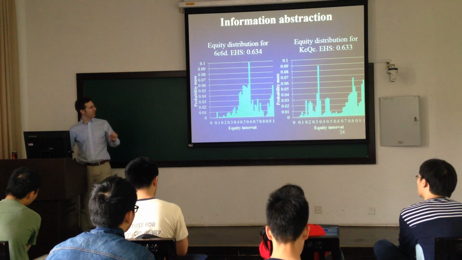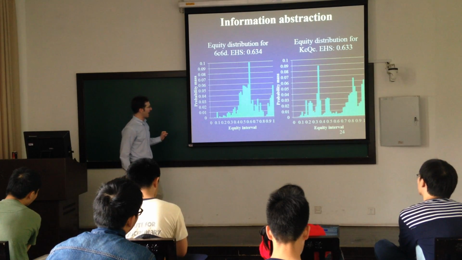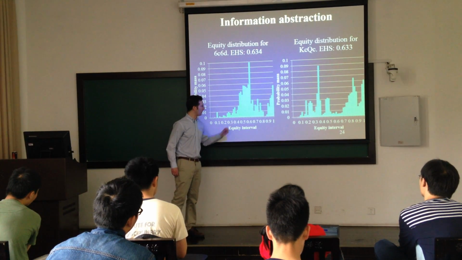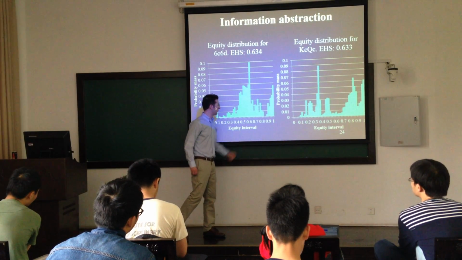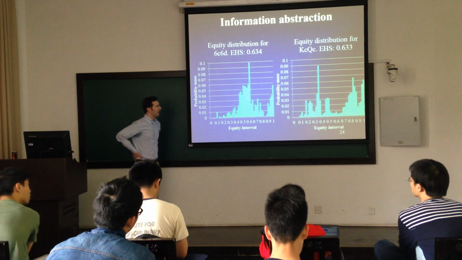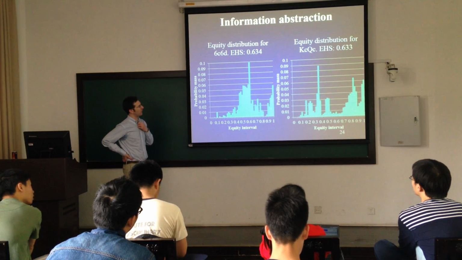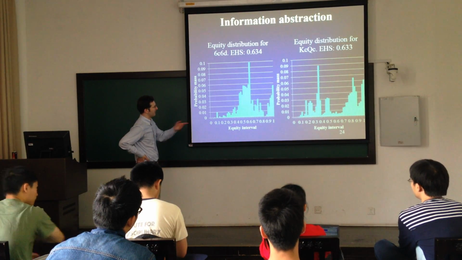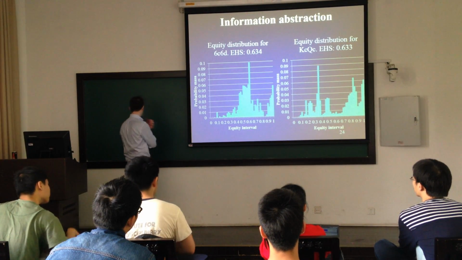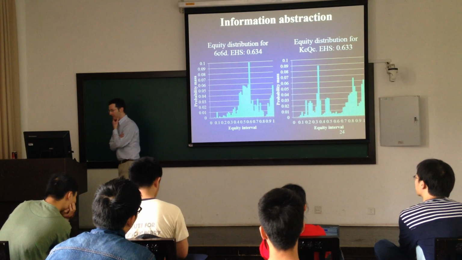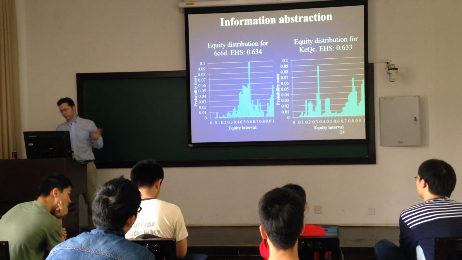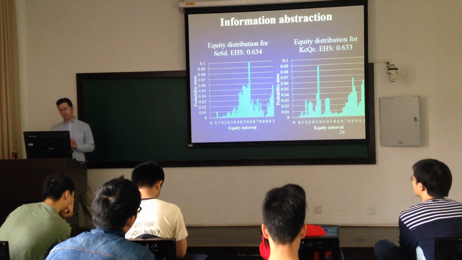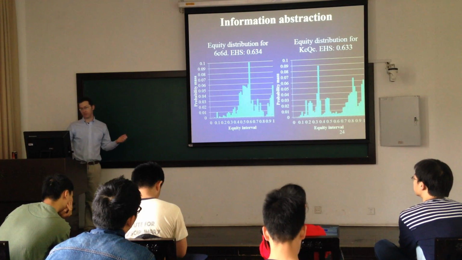If you look at the full distribution, it has a lot of mass between 0.4 and 0.6, but not very much between 0.7 and 0.9. On the other hand, the king-queen has relatively little mass between 0.4 and 0.6, and a lot between 0.8 and 0.9. So these full distributions are actually very different, even though the expectation is the same.